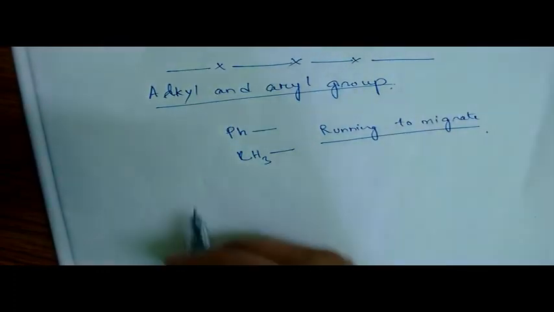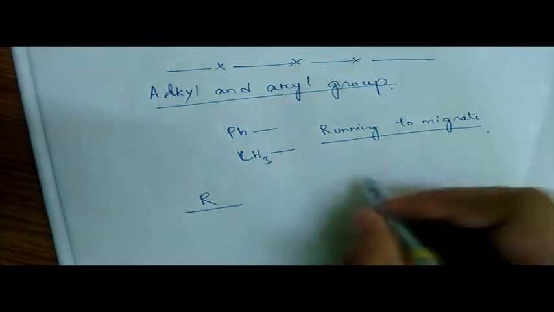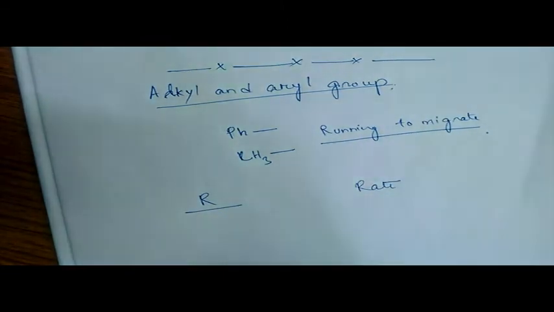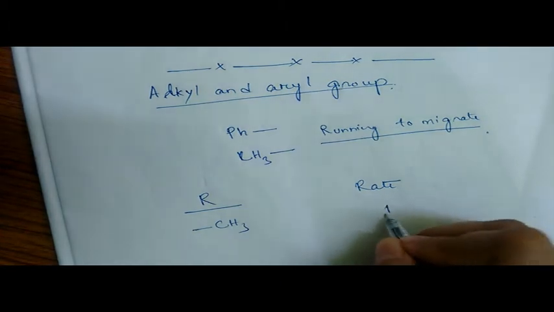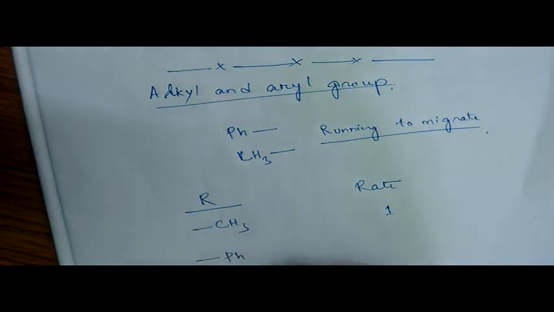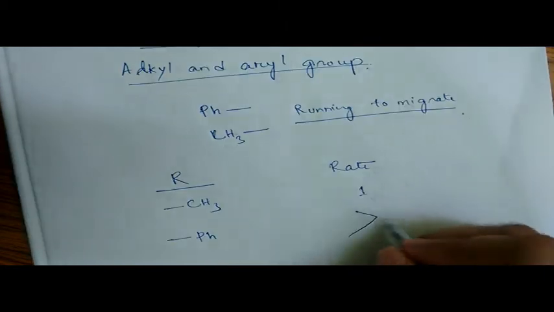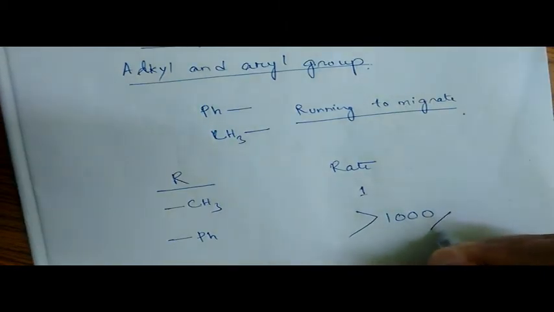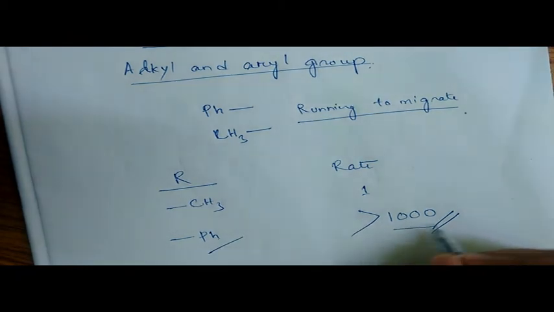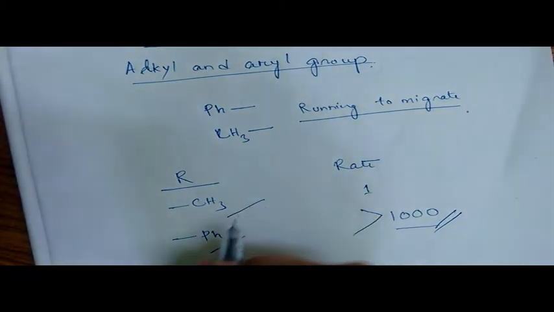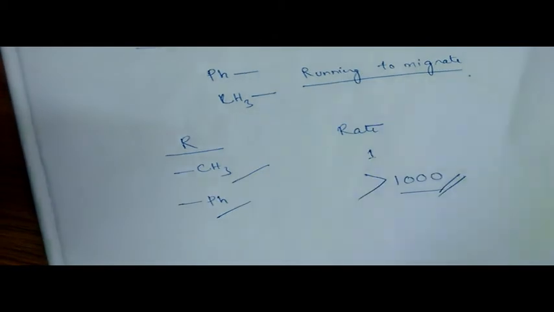Well, it has been found that if the R group is CH3 and its rate is 1, then if the R group is a phenyl group, its rate will be more than 1000 times faster. That means phenyl migration is about 1000 times faster than methyl migration. What is the reason behind this?